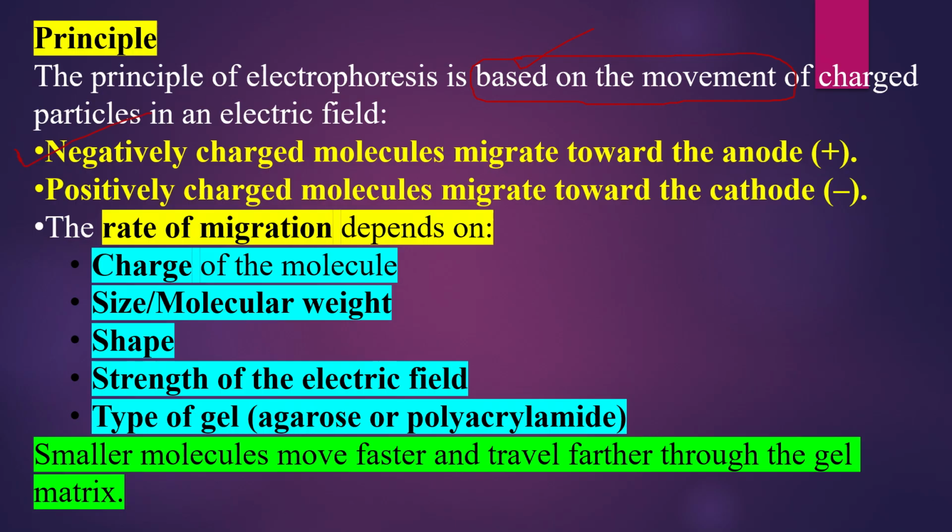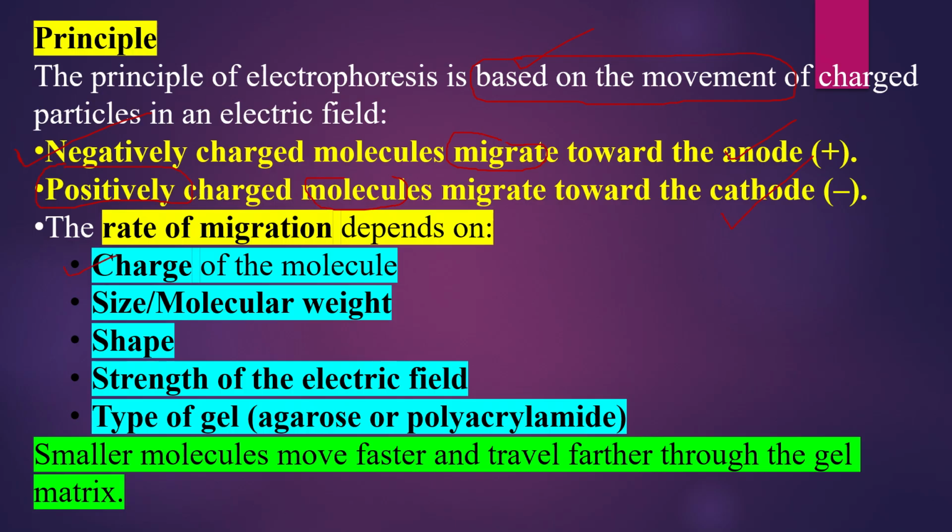So the negatively charged molecules migrate towards the positively charged electrode, that is anode, and if the positively charged molecule is there, then it will move towards the cathode, which is a negatively charged electrode. Okay, so basically it is the migration towards the opposite electrode.